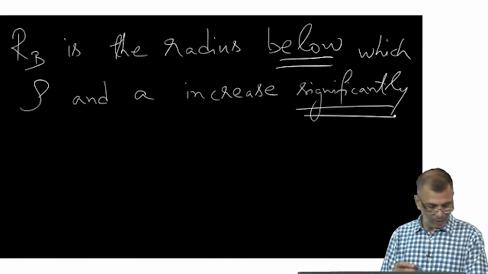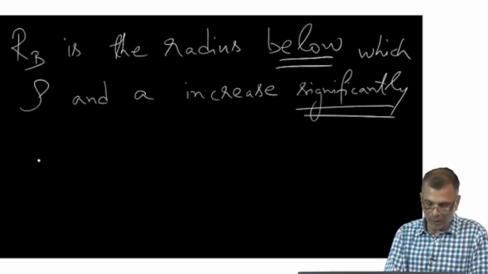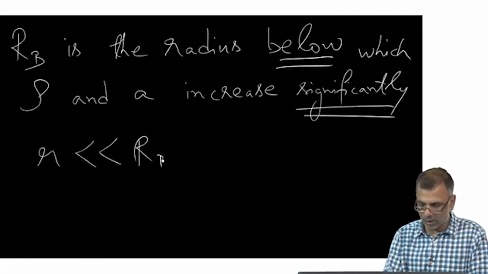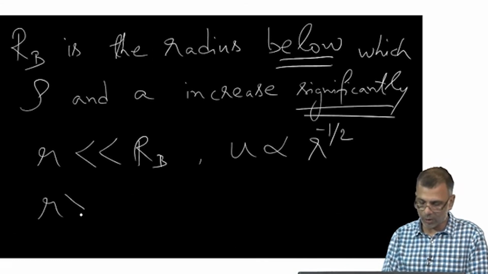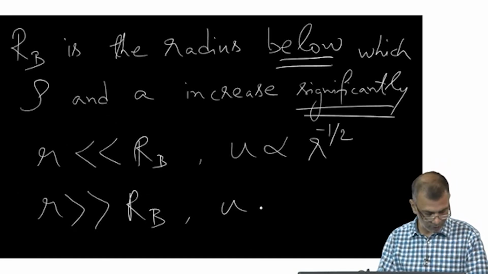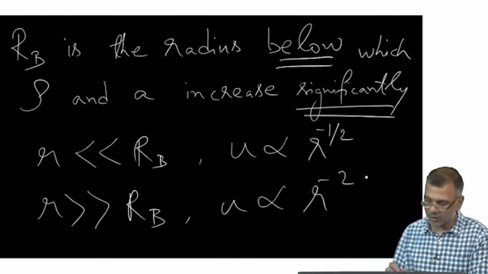And the other thing is, for R much smaller than RB, the infall velocity goes as r raised to minus 1/2. For R much larger than RB, the infall velocity goes as r raised to minus 2. Now, what's this saying?